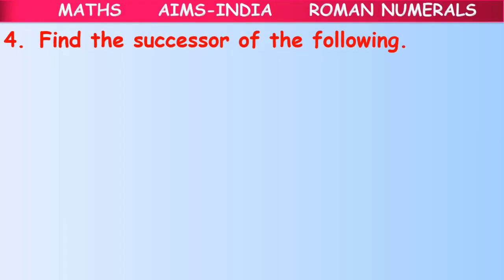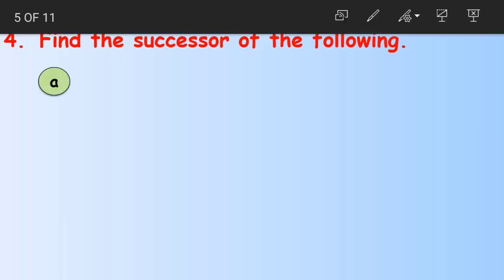Moving on. Find the successor of the following. Now, we have done predecessor. This is successor now. Let me ask you a question. What does success mean? When do we say that we are successful, children? We say that we are successful or we have completed a work successfully only after its completion, right?